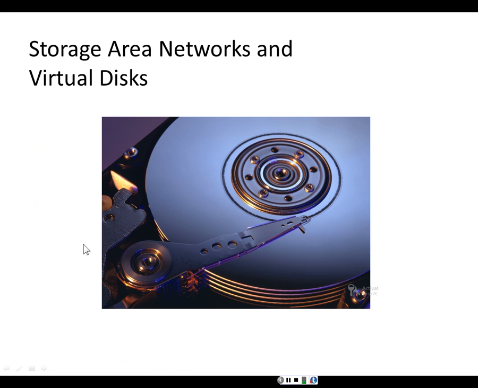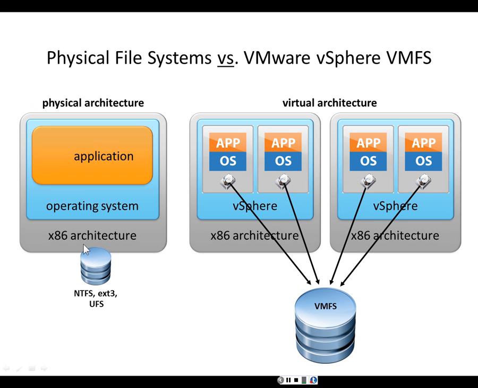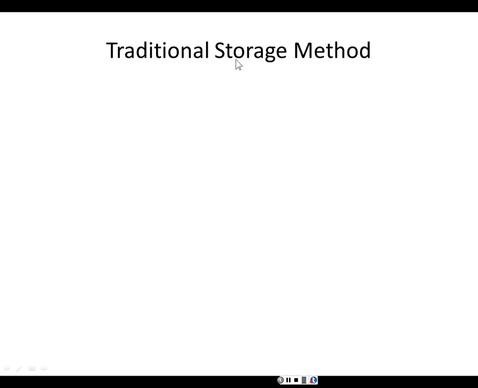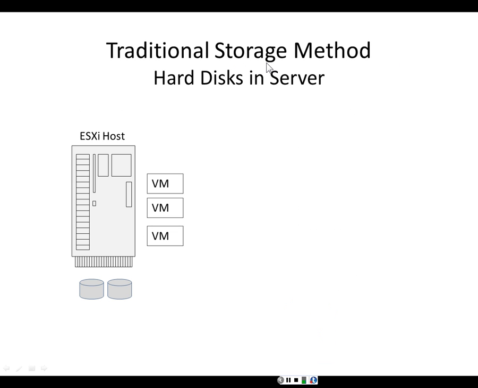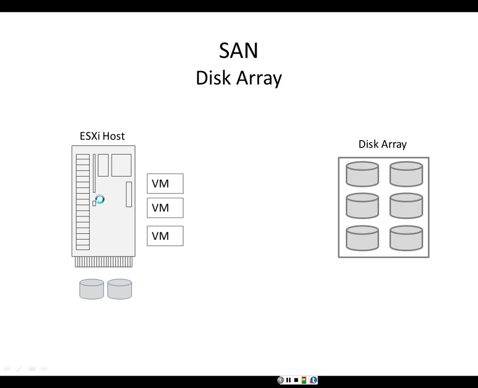Now let's discuss storage area networks and virtual disks. We are going to compare the physical file system with the VMware vSphere VMFS, Virtual Machine File System. In the traditional storage method, the hard disks are located inside of the server.